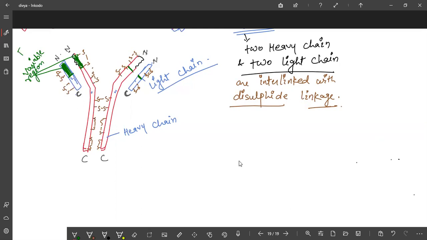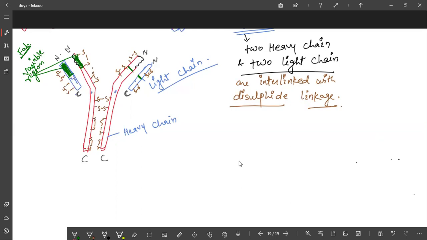This is also called fragment of antigen binding, the Fab region. Variable region is the region from where antigen will bind. You know that against antigen, antibody is produced. So this antibody will fight with antigen.